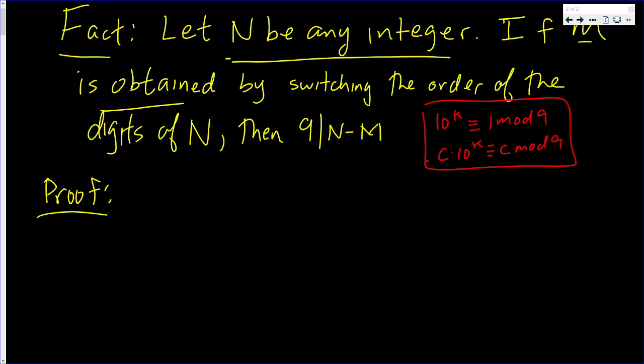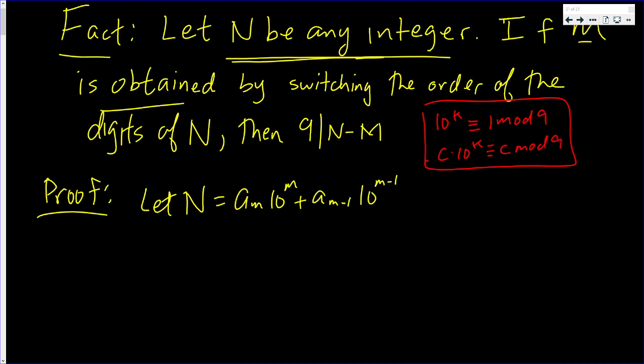So let us define n. Let n equal a number in base 10, the base that we normally write numbers in, and let's write it in what's called standard form. So n is a sub n times 10 to the n plus a sub n minus 1 times 10 to the n minus 1, all the way down to a1 times 10 plus a0.